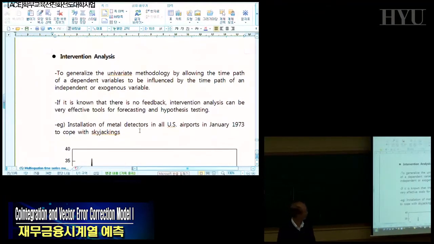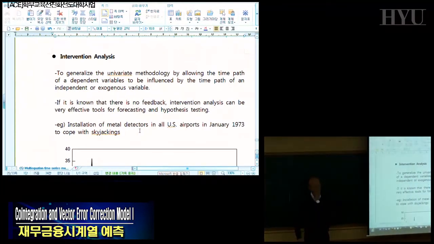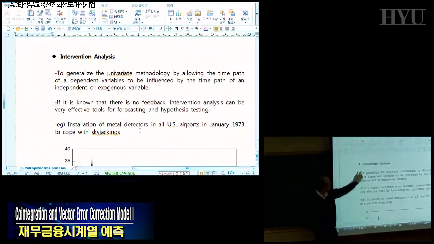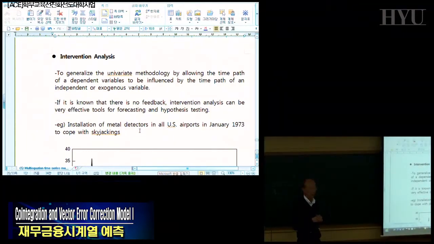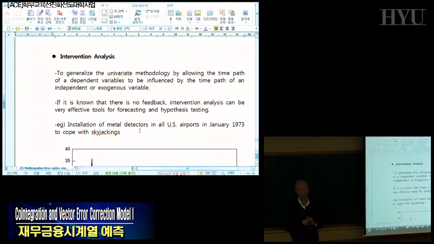The last thing is, well, this is not that heavy, but it's worth mentioning. It is called intervention analysis. In vector order regression or univariate time series analysis, we look at just one or multiple time series, and they are endogenous in a vector order regression, right?